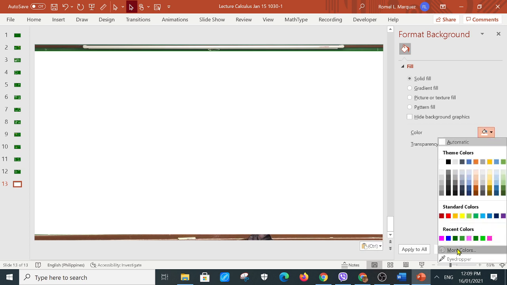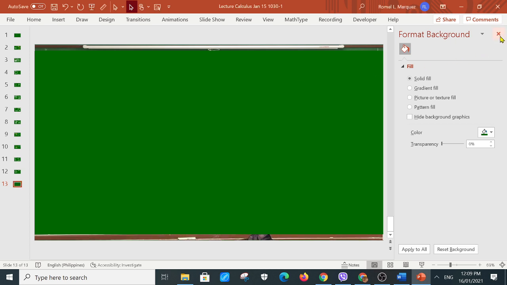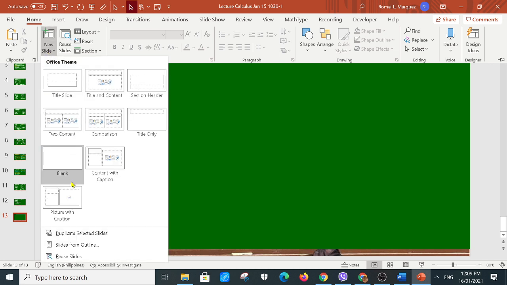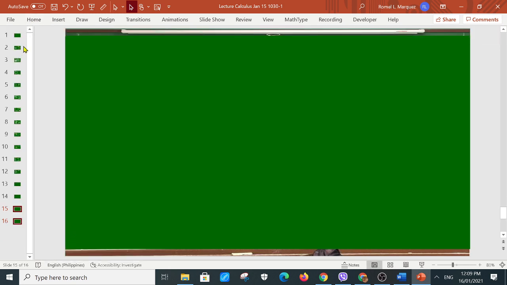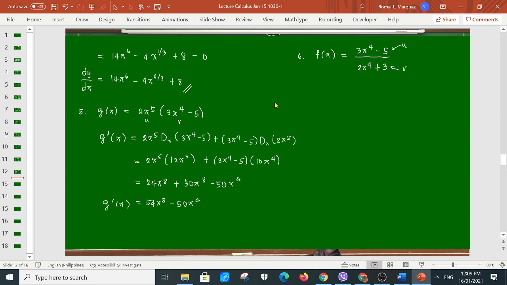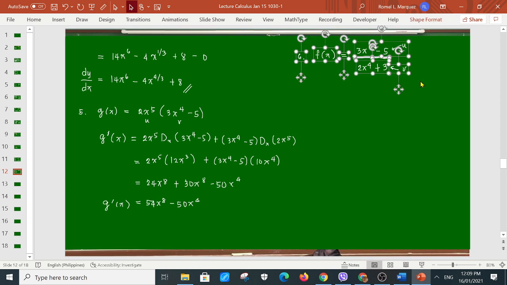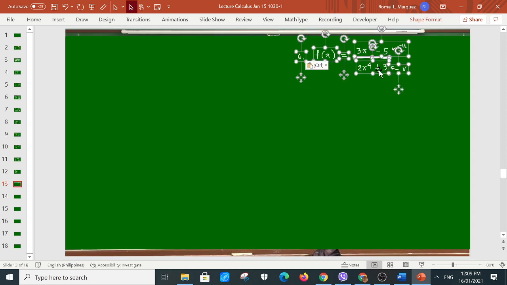So look at how I changed the color of the board. And if you know this, so you can make your own board. Duplicate. Okay. Copy. Again, X. Then Control V.